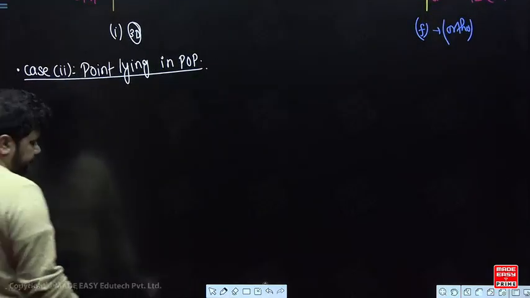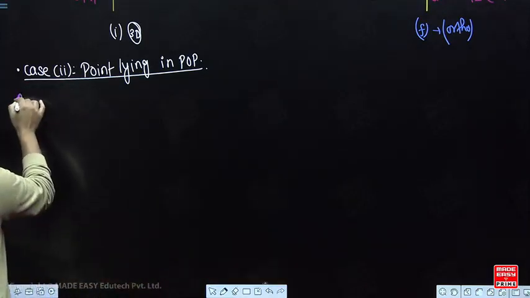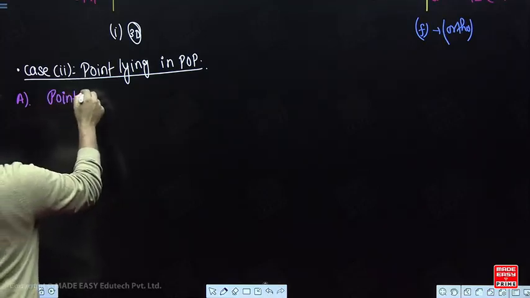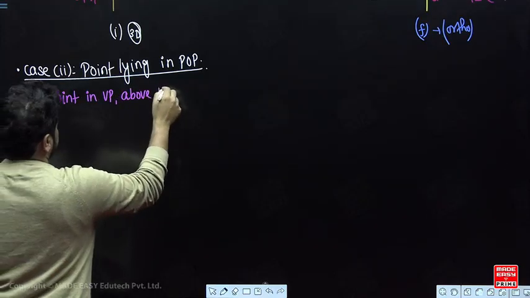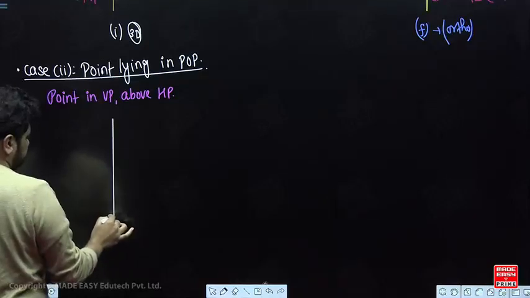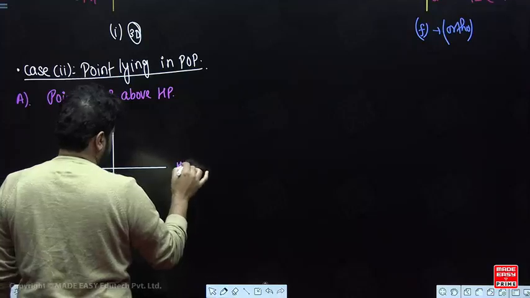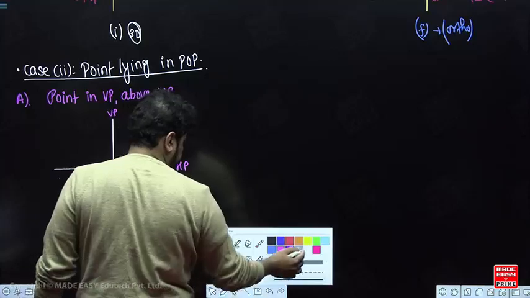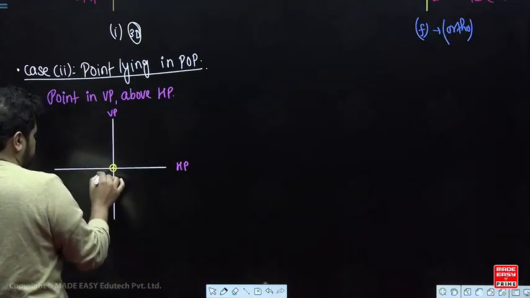Fine. Now see. A. Point in VP above HP. HP, this is your XY.